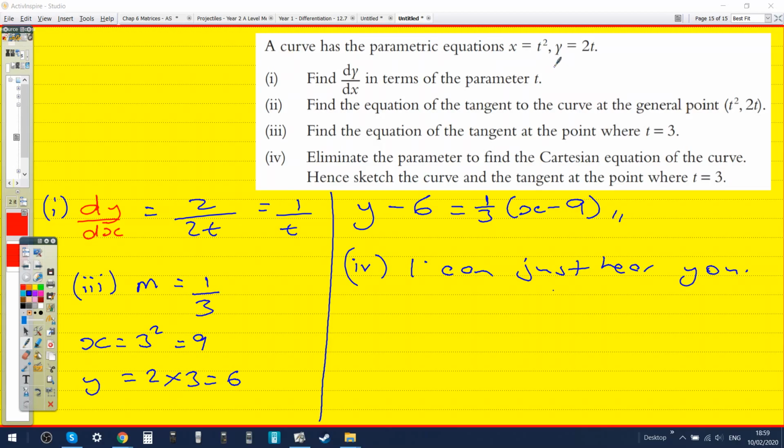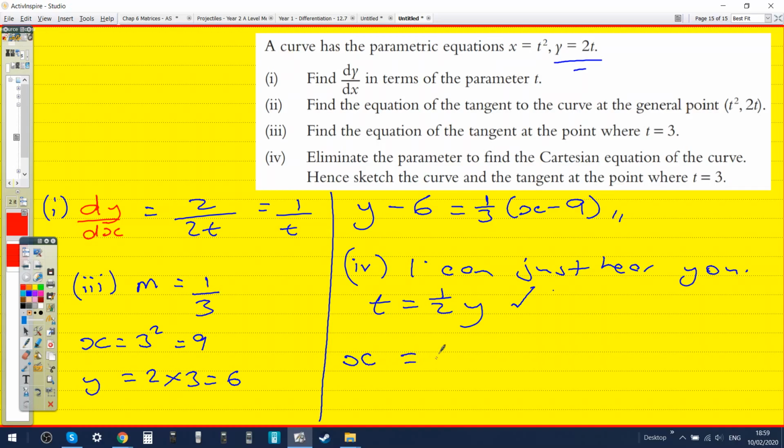And y over 2 equals t as well. Would you just substitute in, like root x equals half y? 2 root x equals y.